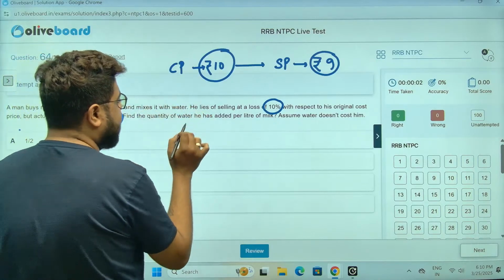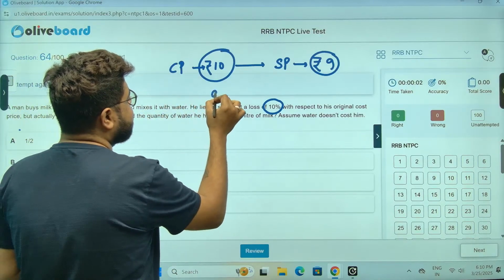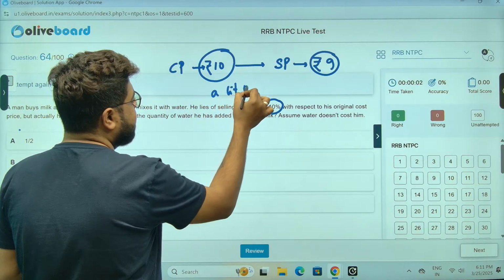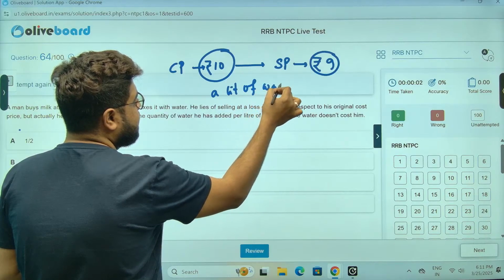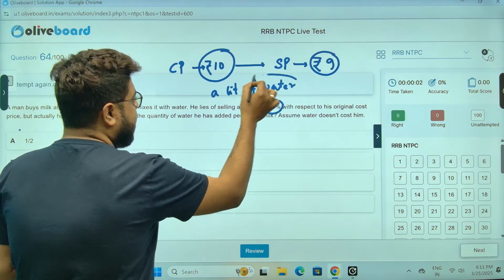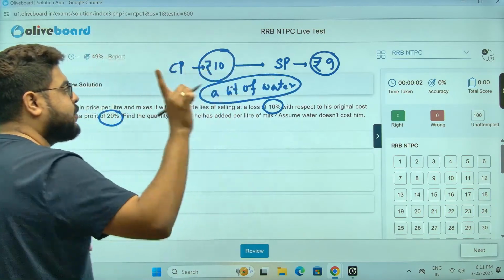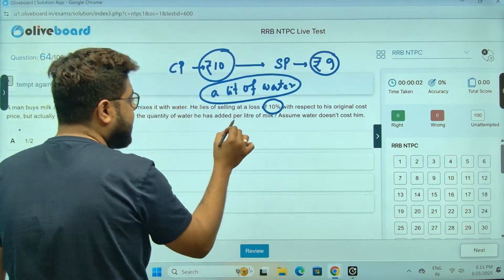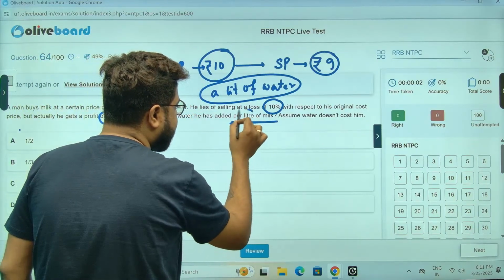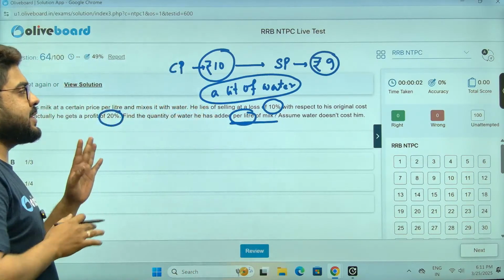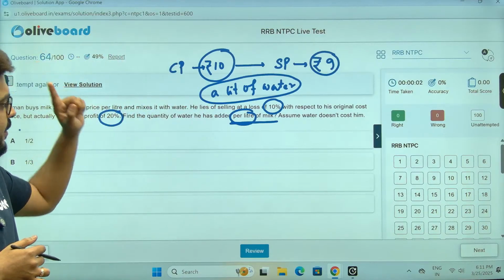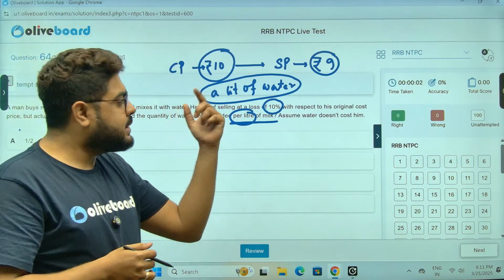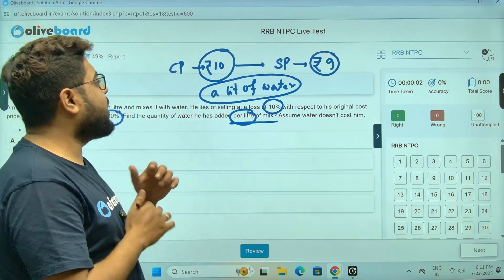In 1 liter, I'm assuming he mixes a liters of water. In 1 liter of milk, we are doing all 1 liter, because they have asked in the question per liter. So that is why we are assuming this. So in every 1 liter of milk, he is adding a liter of water.